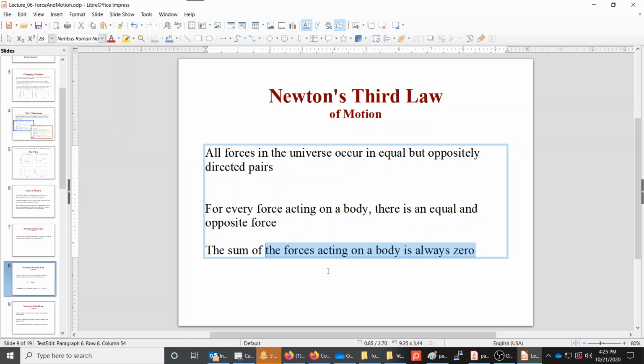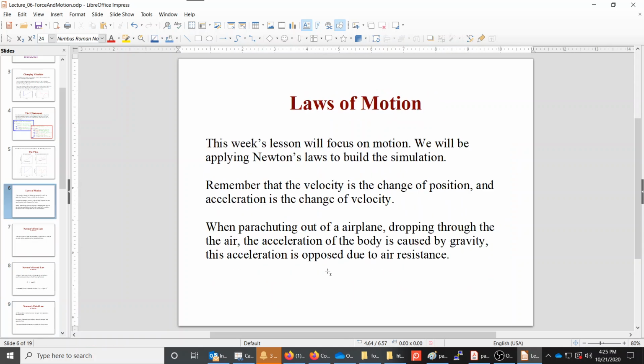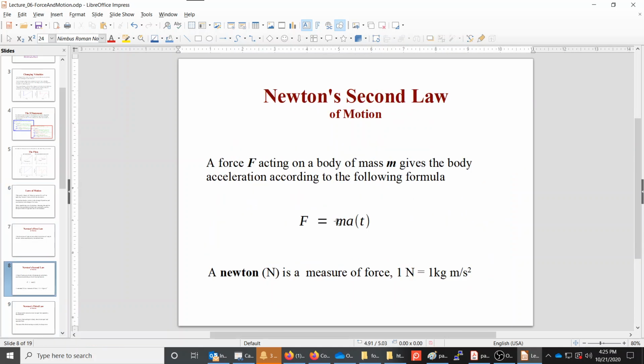So if we look back at Newton's second law, where'd that slide go, right? So the forces on the body are always zero. So if that's the case, then how do we find the acceleration? We take all the forces, and if there's any difference in them, then that would be the acceleration, which is going to counteract those other forces.